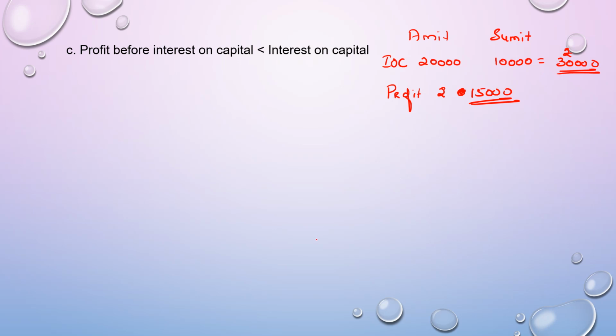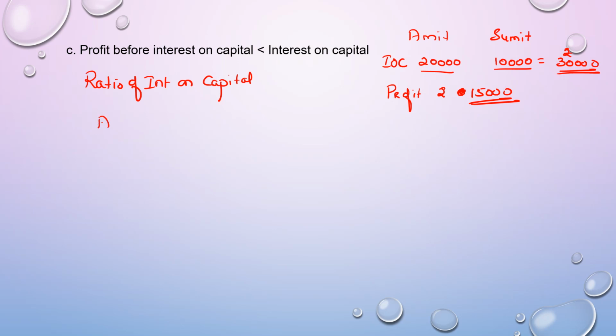How would the appropriation of this net profit be done amongst Amit and Sumit? Now here the solution is you give the interest on capital in the ratio of interest on capital. You cannot give more than what you have. You have only 15,000. You cannot give 30,000 when you have just 15,000. Therefore, you will give this 15,000 to Amit and Sumit in the ratio of interest on capital.